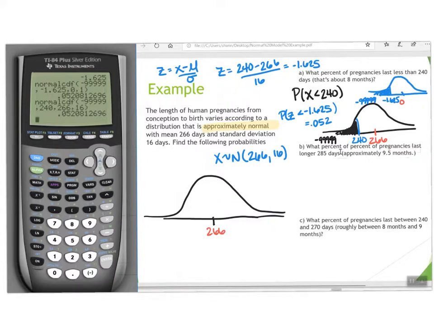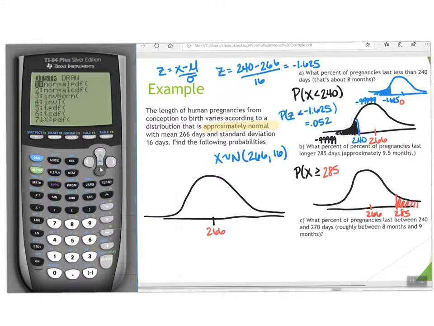Let's do the next one. What percent of pregnancies last longer than 285 days? Again, we draw a curve, set the mean to 266, and skip the z-score step. We're asking about 285, which is to the right of 266, so we shade to the right. In our calculator, second vars, normal CDF.